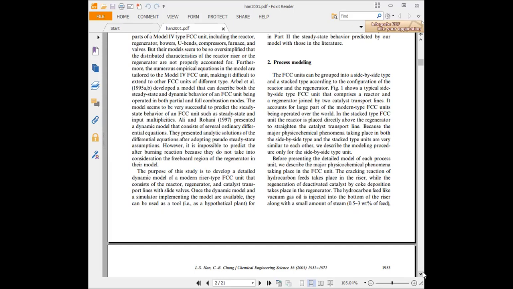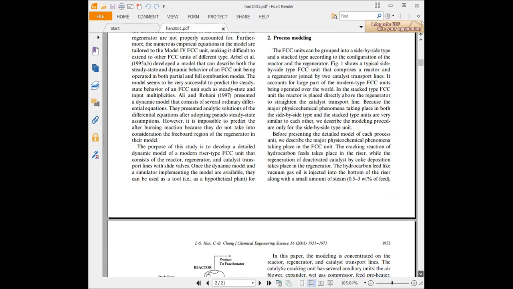Here in this article, the group of researchers are interested in the FCC unit, which comprises a reactor and a regenerator joined by two catalyst transport lines. Very important is that you have to draw the schematic representation, but before that you must know about the system.